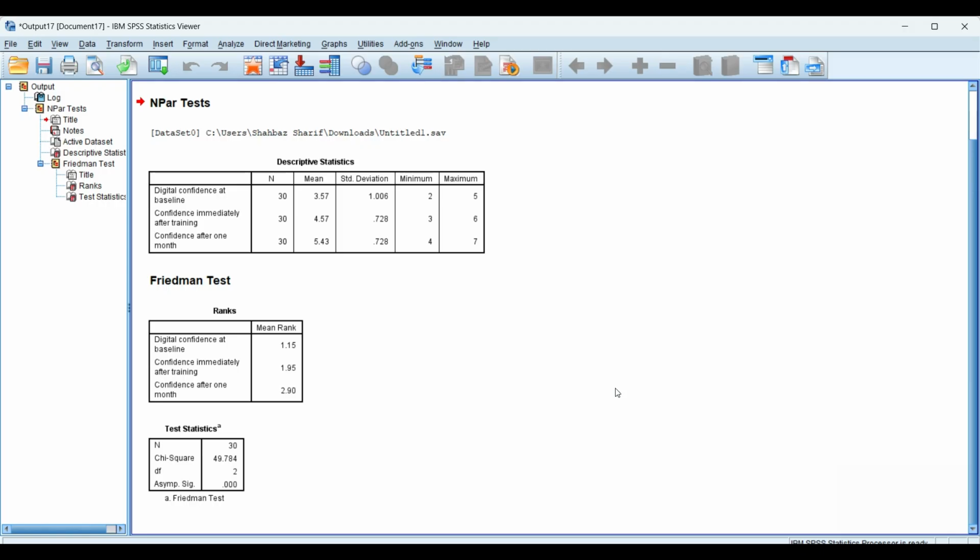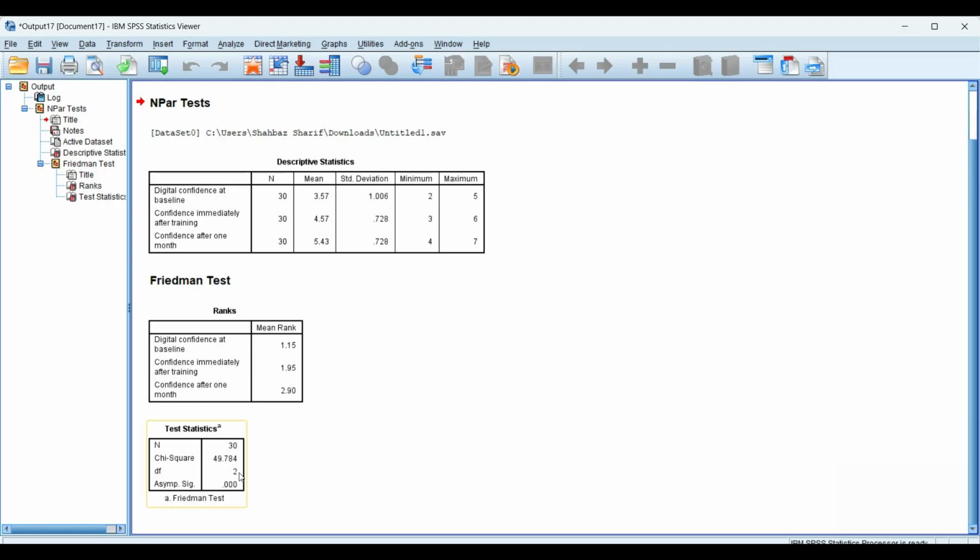On the other hand, we see in the test statistics that the chi-square value is 49.784 and the p-value is 0.000, which is lower than 0.05.